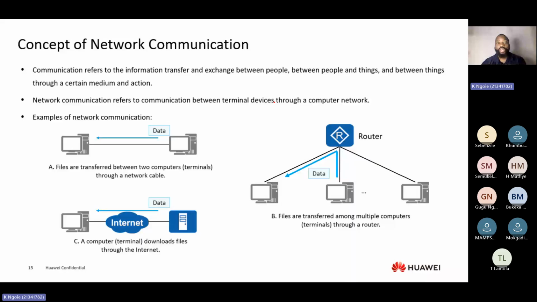An example can be that we have two computers. Files can be transferred between two computers through a cable. That is the simplest form of networking, and this type can be called peer-to-peer. A peer-to-peer network is when you have a computer and you plug it into another computer.